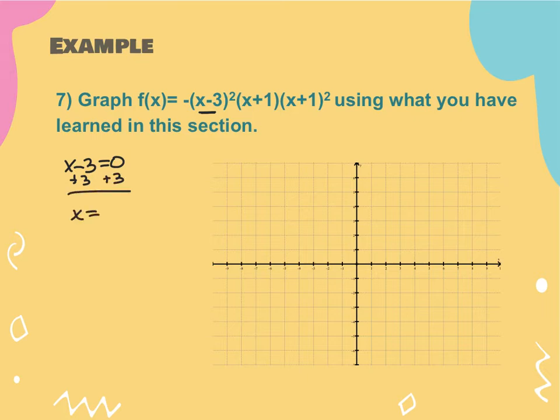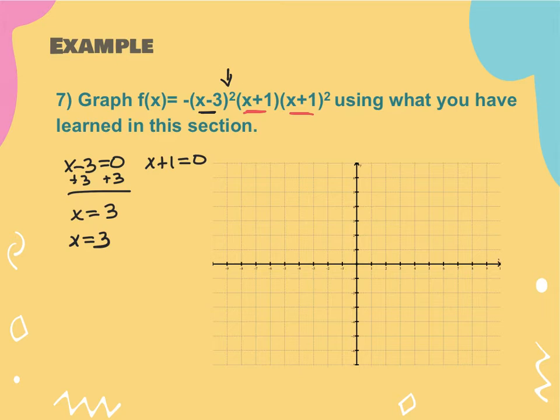X equals 3. Now, notice it's supposed to be raised to the second power. All this tells me is that my zero, x equals 3, occurs 2 times. Then I'm going to do the next one, the x plus 1. And if you notice, I've got it again and again.